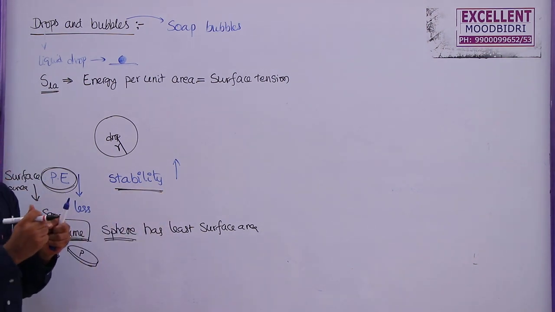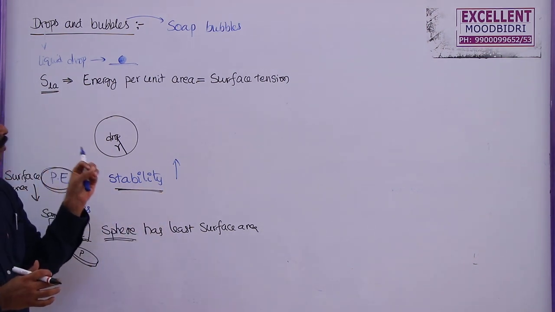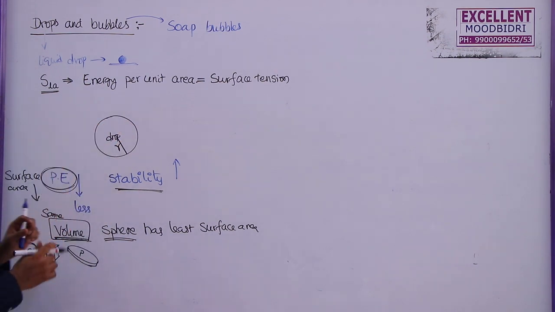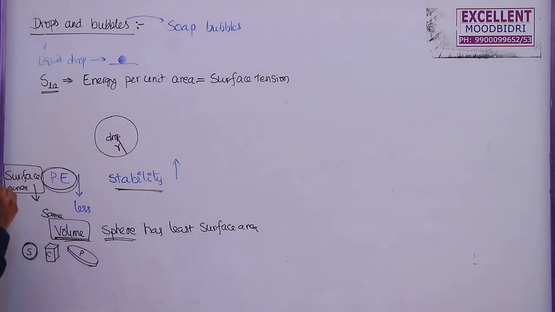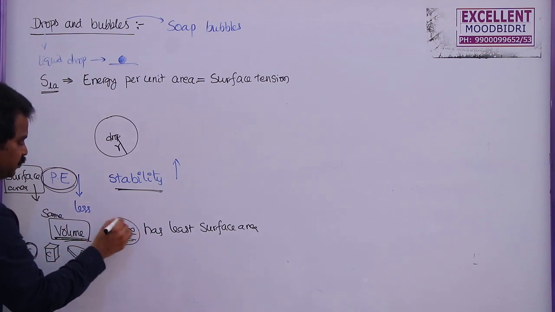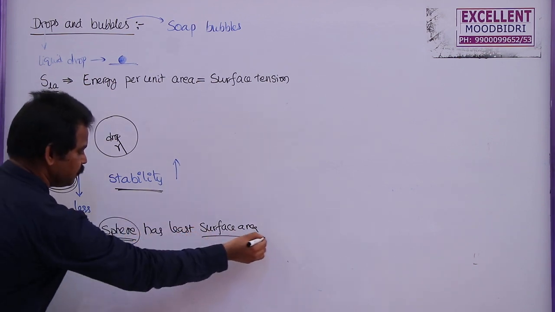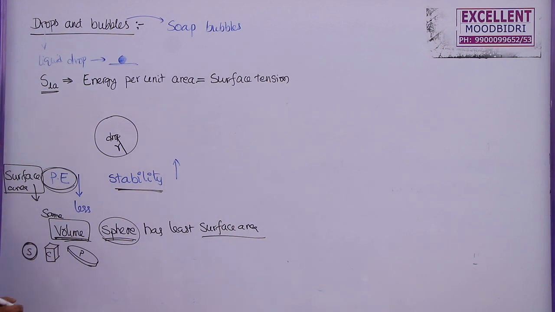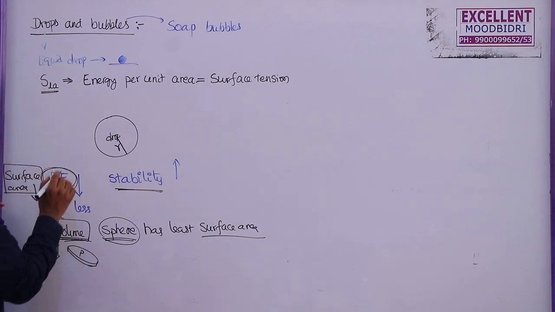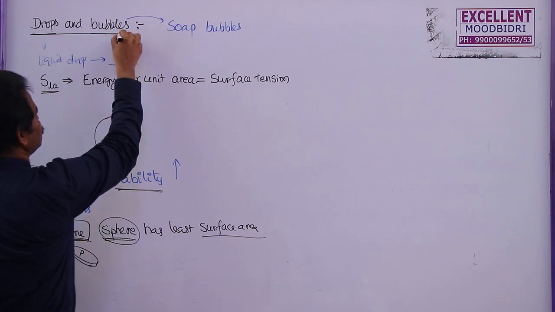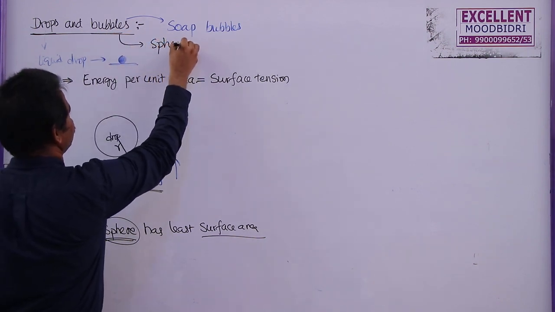To get that stability, all these liquid drops as well as bubbles will try to get the least surface area. To have that least surface area, the shape will be a sphere. Why? Because a sphere has the least surface area. So this is the reason why all the drops and bubbles are spherical in shape.